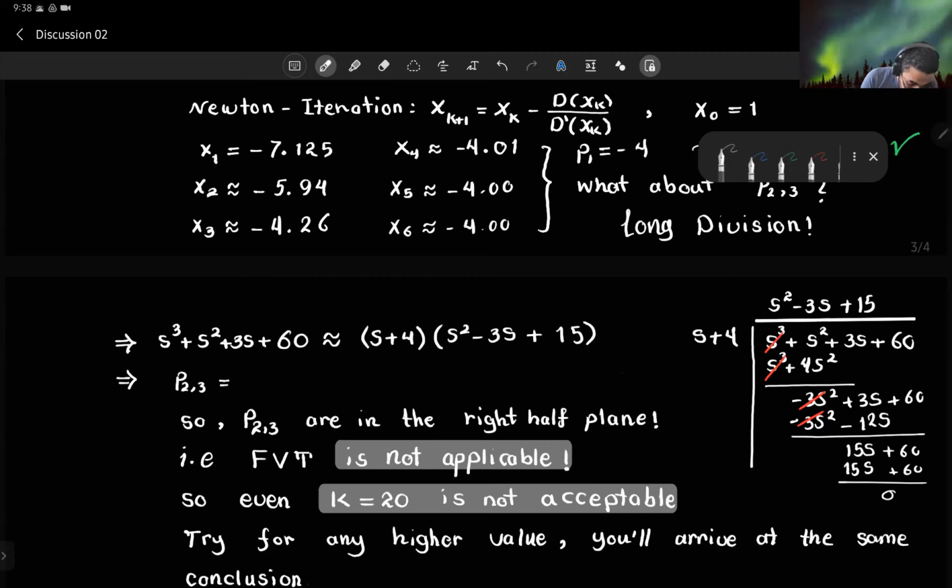So the two other poles can be given by the quadratic formula, which are basically the roots of this factor here. So you have negative 3 plus or minus square root of 4, so basically this is 9 minus 60, divided by 2.